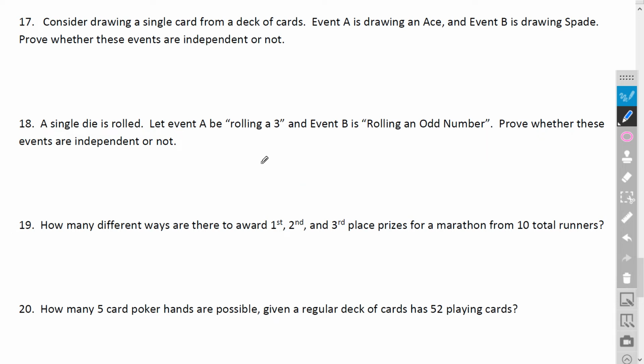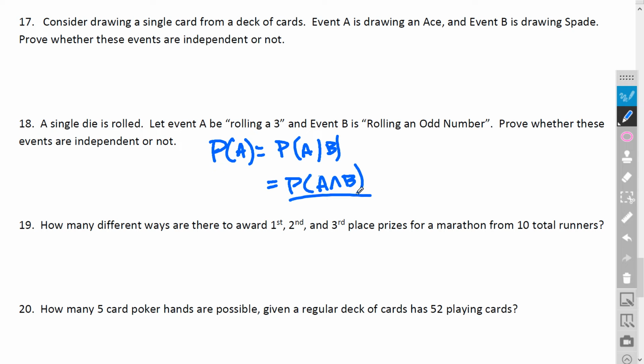You can also show independence by comparing the probability of the event to the conditional probability of the event. You can calculate the probability of a conditional event by taking the probability of them both happening over the probability of what's given.